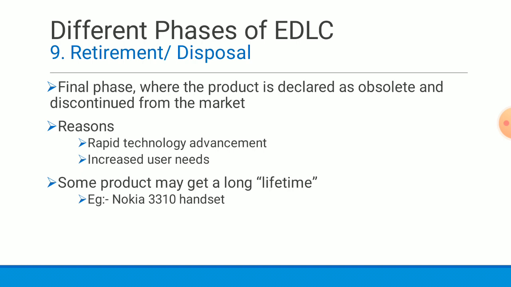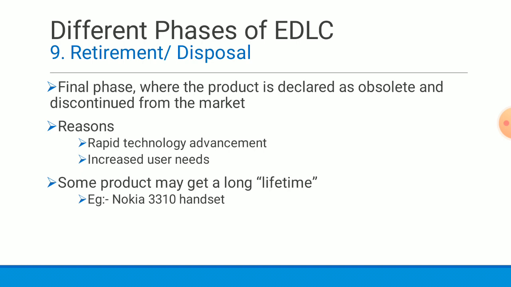Now some products may get a long lifetime in the market, beginning from the launch phase to the retirement phase. Okay, for example, Nokia 3310 mobile handset. Actually, it was launched in September 2000 and discontinued in early 2005. So, more than 4 years of continued presence in the market.